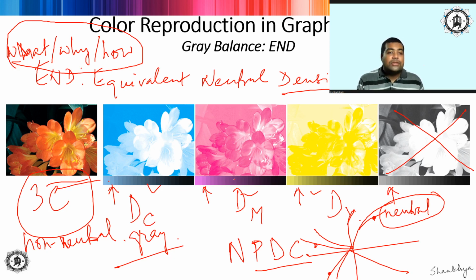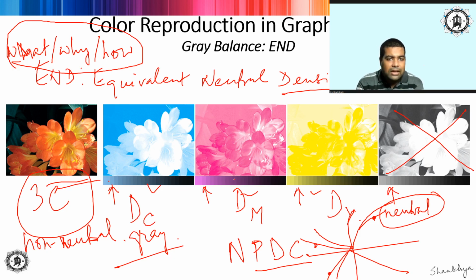So when we are talking about finding out the neutral density, ultimately what we are talking about is how much dot percentage of cyan, how much dot percentage of magenta and how much dot percentage of yellow is required to reproduce a particular shade of neutral gray, a particular percentage of neutral gray, right? So that is our problem statement, and let us see now how do we solve that problem.